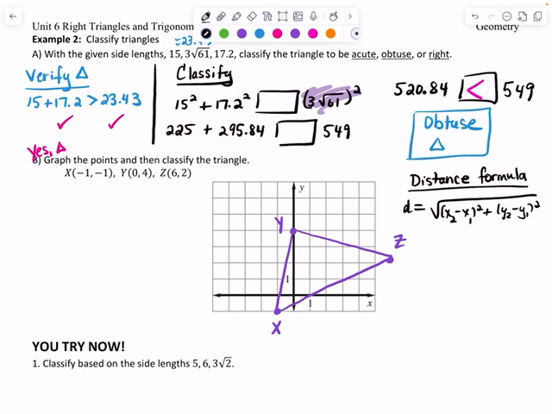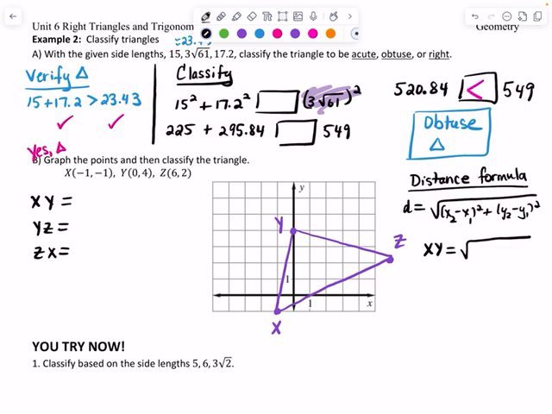I'm going to find the distance between all of these segments. So I'm going to do xy, I am going to do yz, and I am going to do zx. When I do the distance formula, I'm going to keep my square root symbol for my answer. I'm not going to simplify it, and I'm not going to approximate it. So first, let's figure out the distance between x and y.